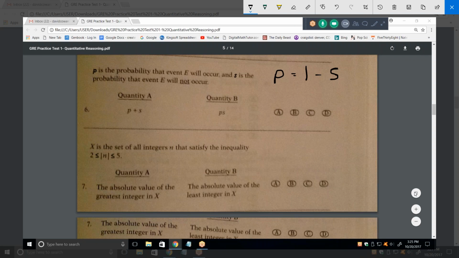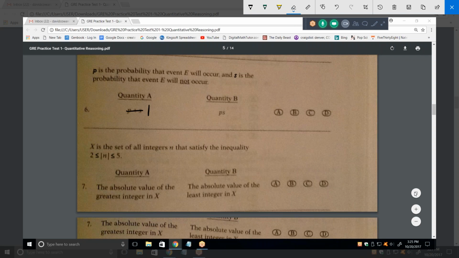Now, once you get that equation, P plus S, if I just fiddle with that equation a little bit, it's always 1. I don't need to think of that as P plus S, because all I need to do is think of it as always being 1.